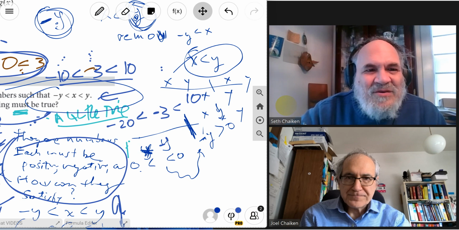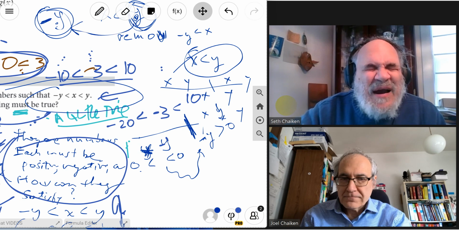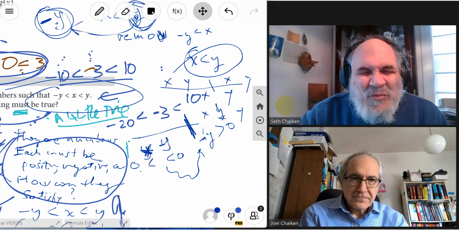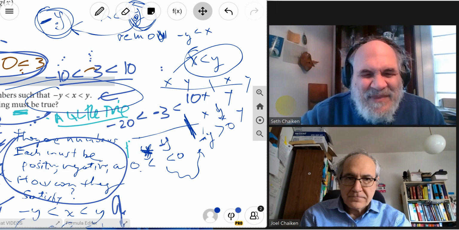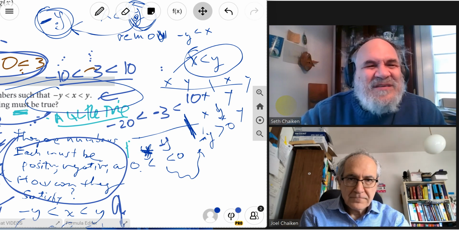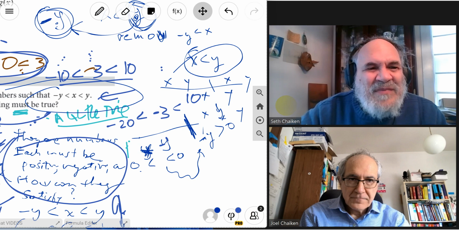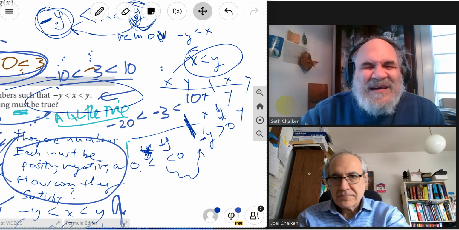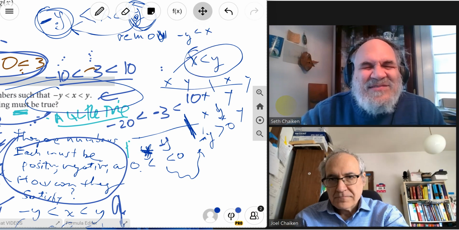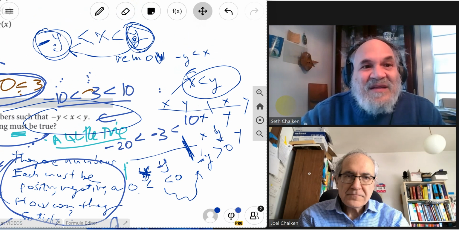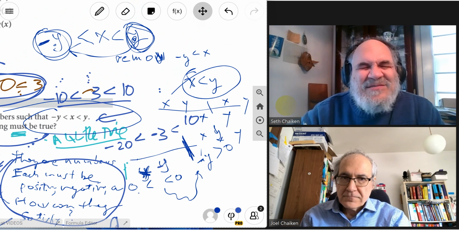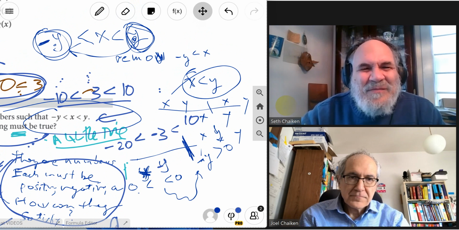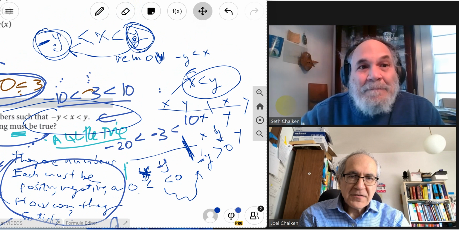You get from y to minus y by taking the same y, the same number, negating it, and then combining it with the condition that what you get here is strictly less than x. And this x is the same x that's asserted to be less than y. And that connects the constraints, right?